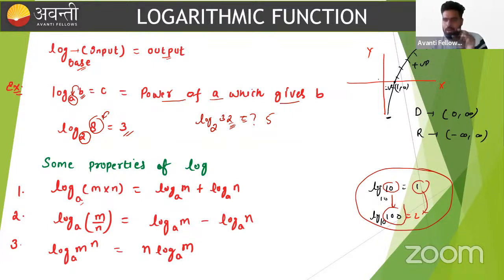So whenever it operates on a product, it breaks into addition. Whenever it operates on a division, it breaks into subtraction. In a similar manner, if any exponent is given, then this can be written as the power m times log of the base a. These are three basic fundamental properties which we have to know, which are very, very important.